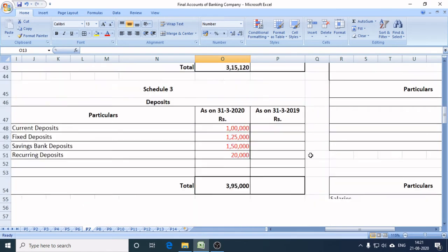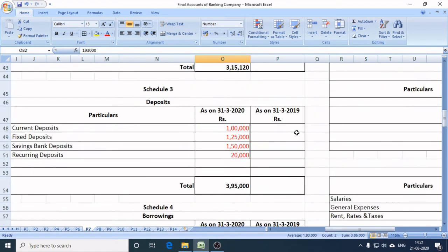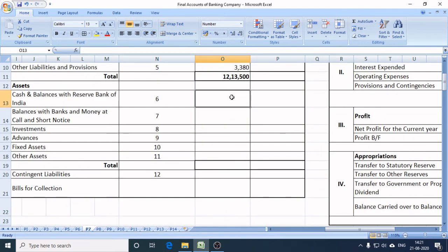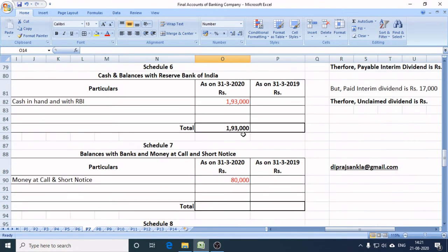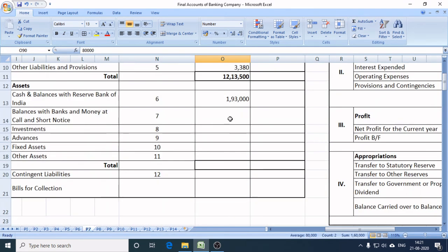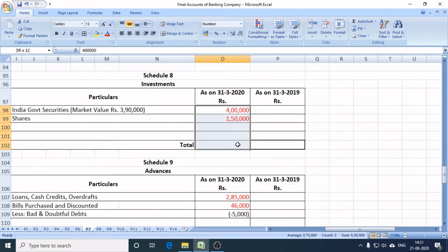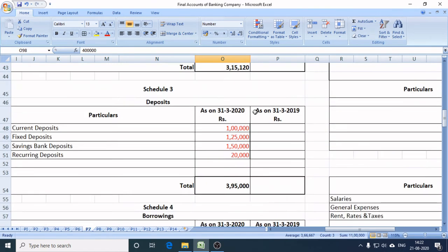Now schedule number 6, 1,93,000 rupees. Now schedule number 7, 80,000 rupees. Schedule number 8, 5,50,000.